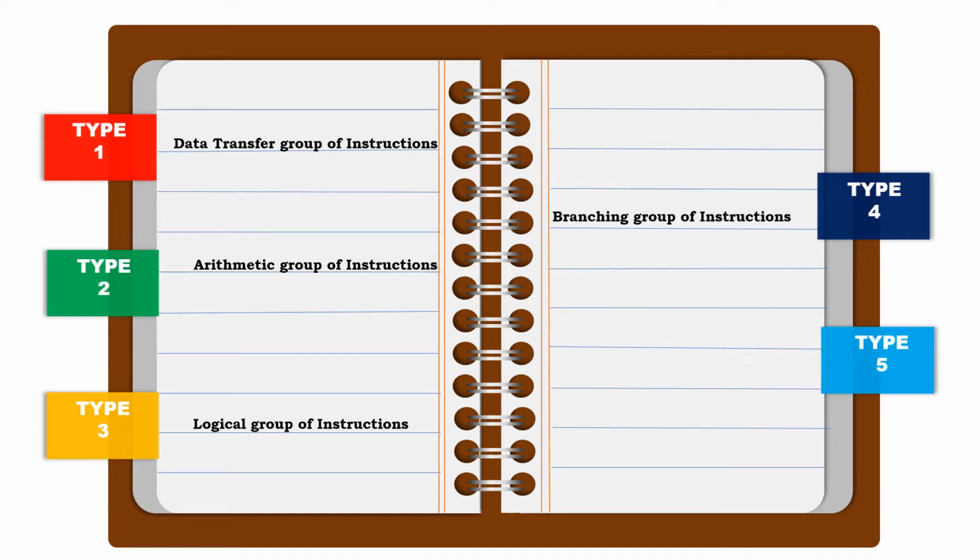And the last one is the stack group of instructions. So these are the 5 groups of instructions in the 8085. Whatever instructions are there in the 8085, they are divided into these 5 groups. From the next slide we will learn each group of instructions.